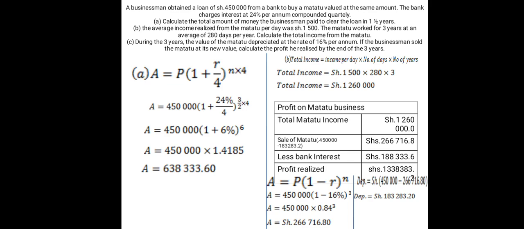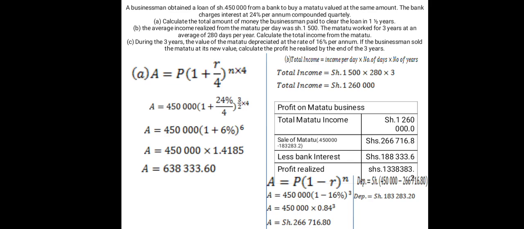A businessman obtained a loan of 450,000 from the bank to buy a matatu valued at the same amount. The bank charges interest at 24% per annum, compounded quarterly. Calculate the total amount of money the businessman paid to clear the loan in 1.5 years. Another part being the average income realized from the matatu per day was 1,500 shillings.